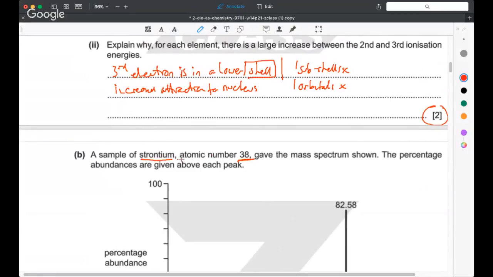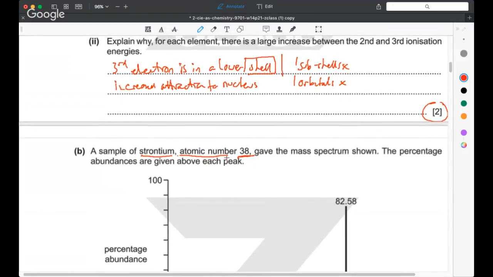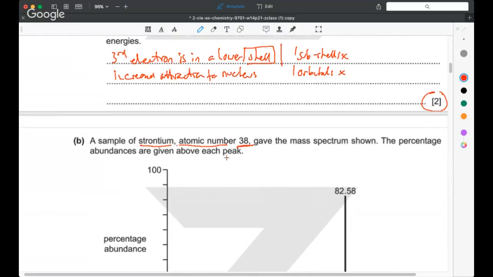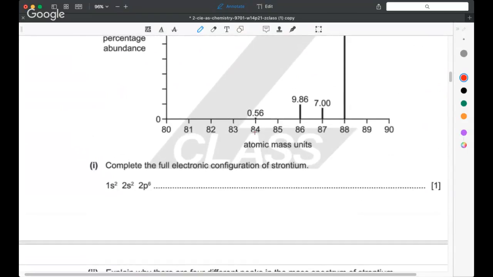The number of protons in an atom of an element is balanced by the number of electrons, so there will be 38 protons and 38 electrons too. And so when we write the electronic configuration, we've got to end up with a total of 38 electrons.